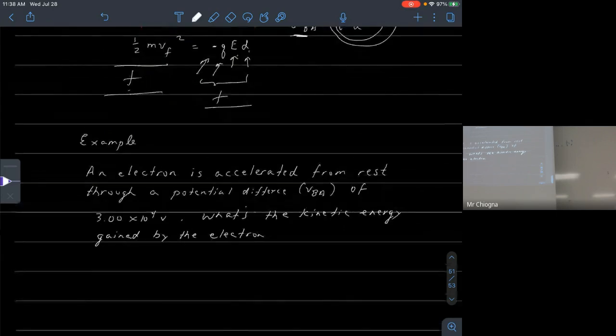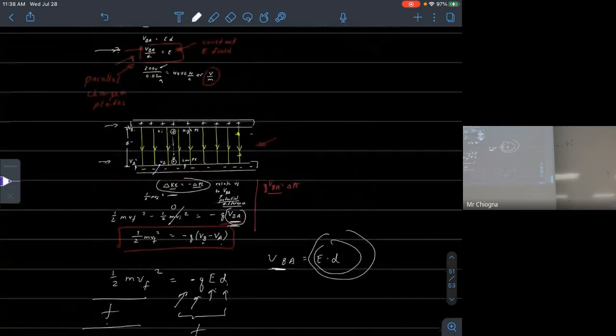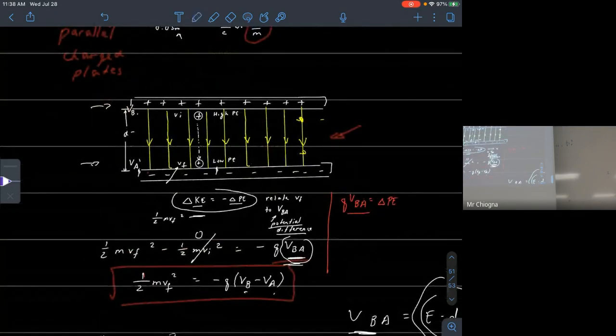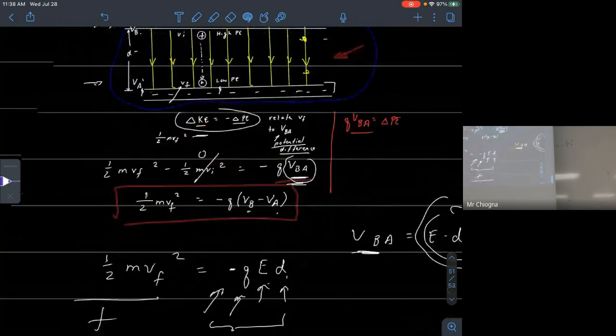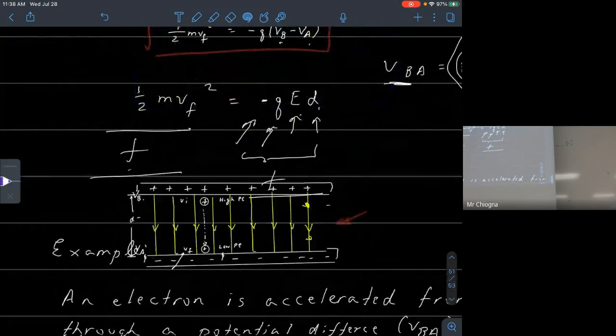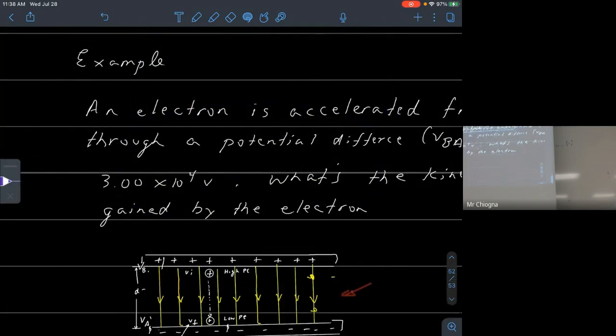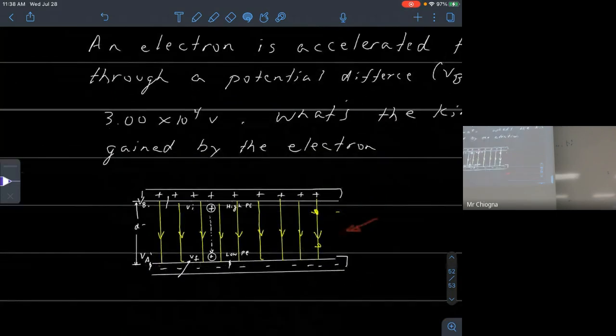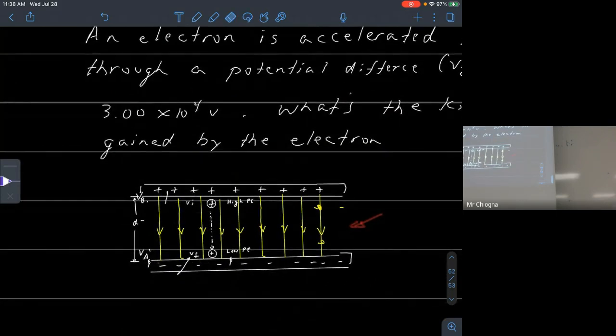Okay? So I'll draw it visually as far as what's happening. It's basically this, what I just drew here. I have to do a little bit of changing here, but it's similar to the proton falling, except what they've done is they've reversed everything.